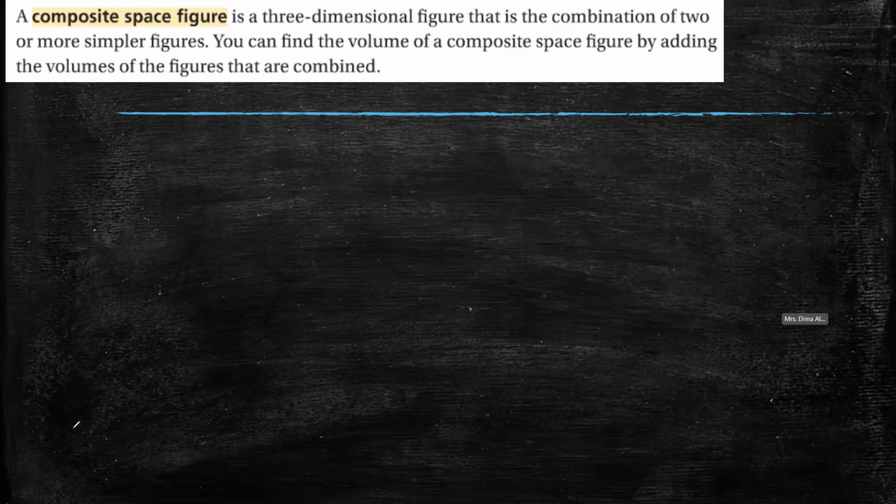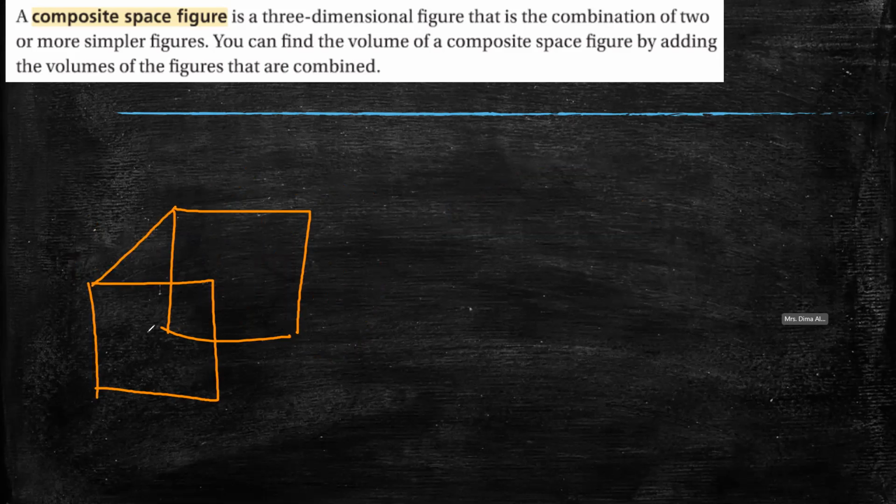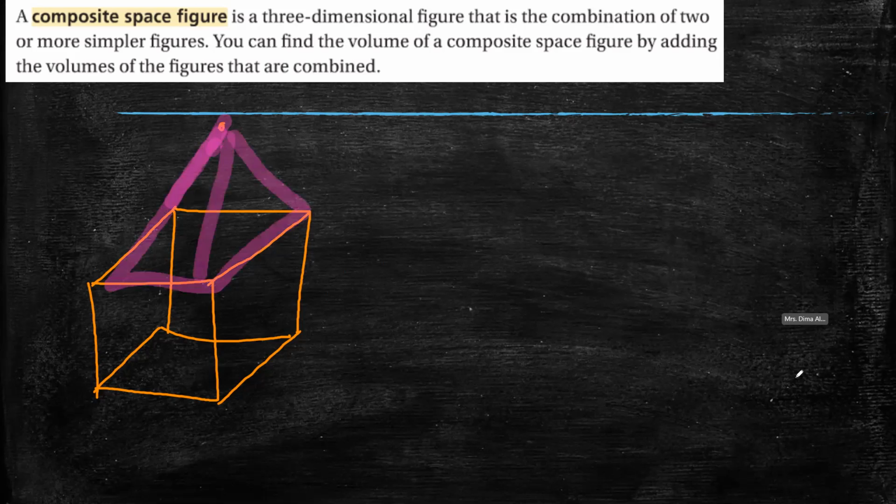But here it's not like the surface area. In the surface area, imagine that you have a cube as an example, and up on the cube, you have another shape, a pyramid as an example.